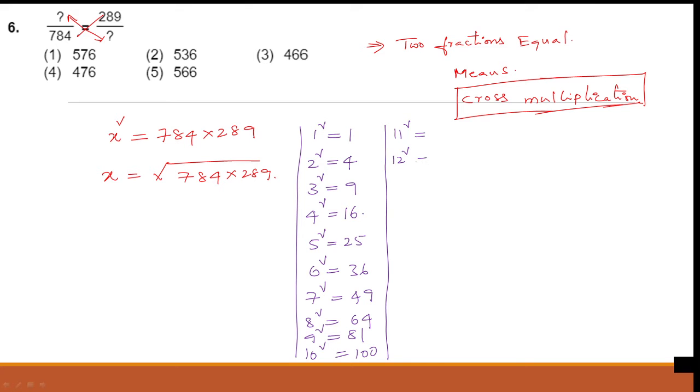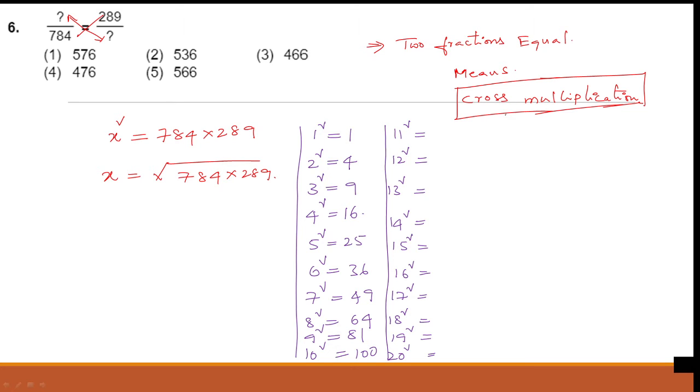Now it comes to the task, that is 11 square. Maybe a little bit difficult, right? So finding 11 square, 12 square, 13 square, 14 square. Now 15 square, 16 square, 17 square, 18 square, 19 square and 20 square.